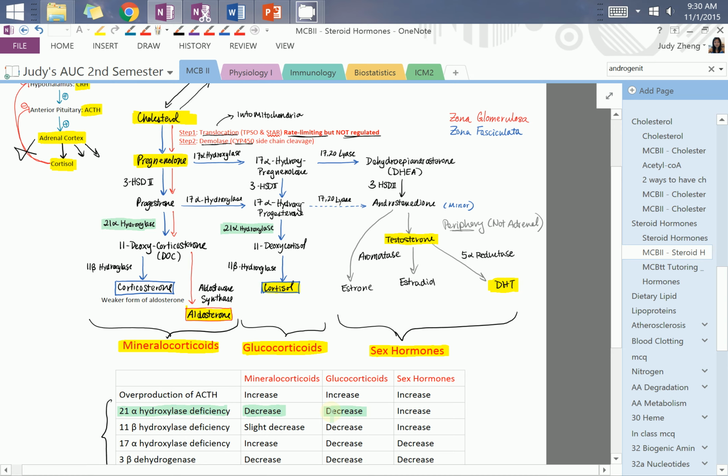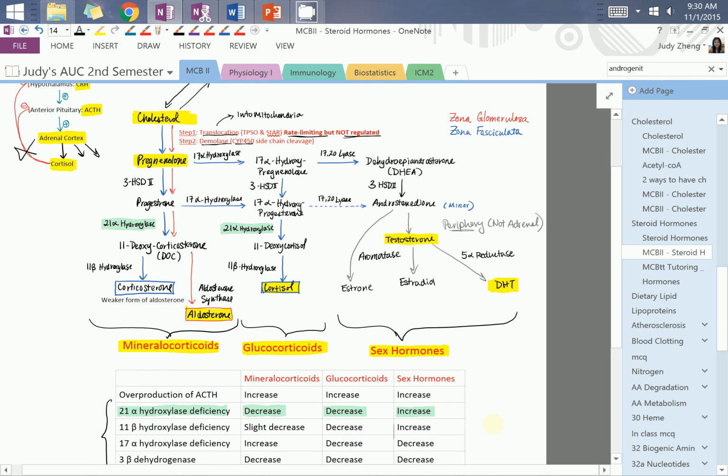But since the substrates are not going into making mineralocorticoids and glucocorticoids, more substrates are available for making the sex hormones over here. So you see an increase in sex hormones.